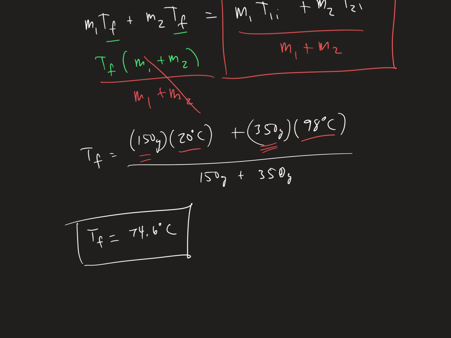Could we then calculate the amount of heat lost and gained? We could. In this case, we don't care, but yeah. And you could also solve this by keeping the numbers in there instead of the variables.